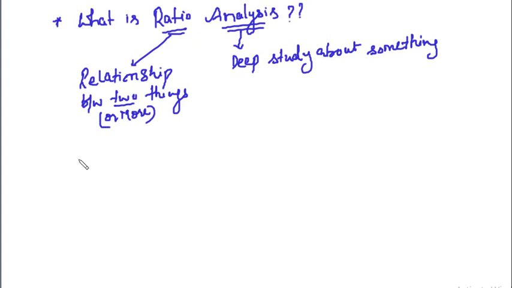Now if we talk from the accountancy point of view, which relationship we are going to study under ratio analysis? What type of relationships are covered under ratio analysis from your accounting point of view, right?